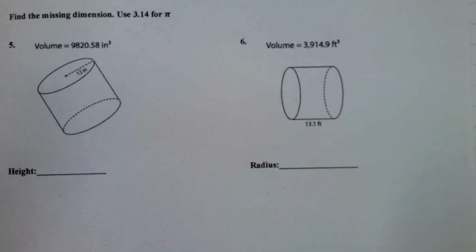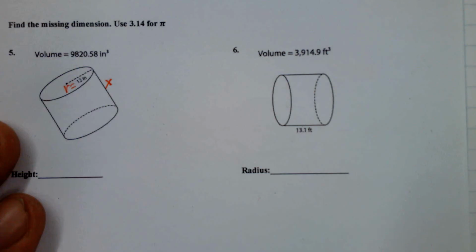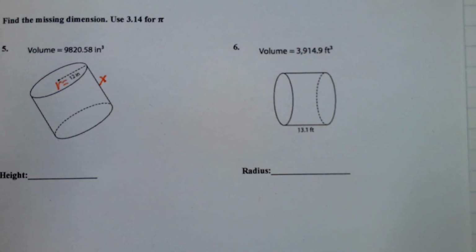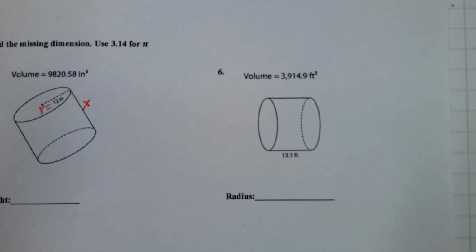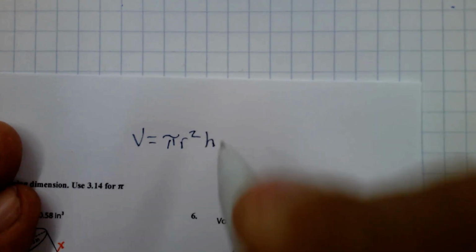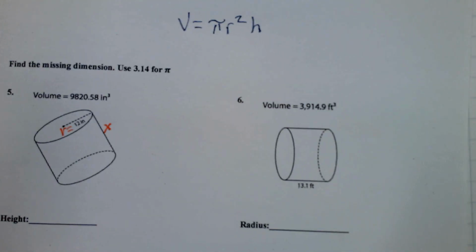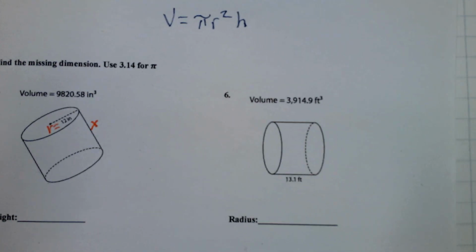They give us a radius. And then the part we don't know is the height. That's our unknown. I'll just use x there. So we're still going to use our formula. Volume equals pi radius squared height. And then we're just going to replace anything we can find the value for.